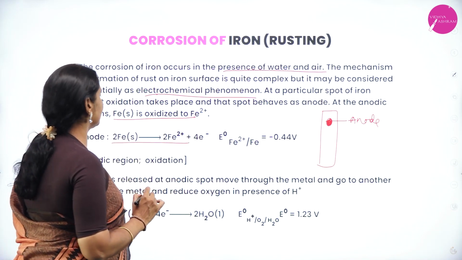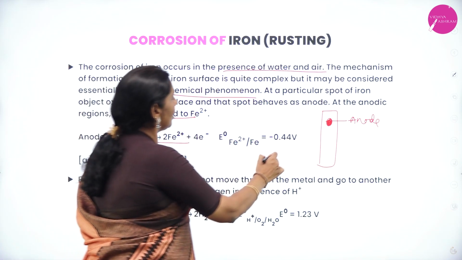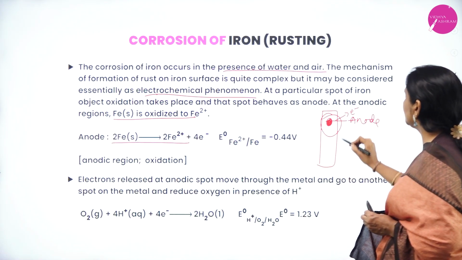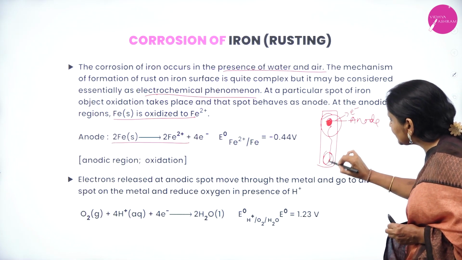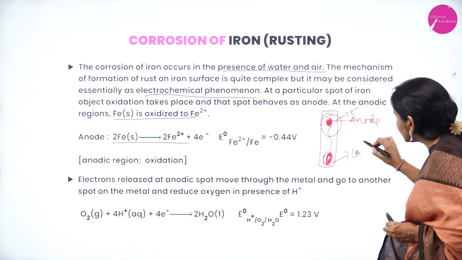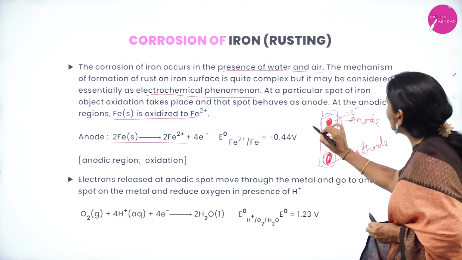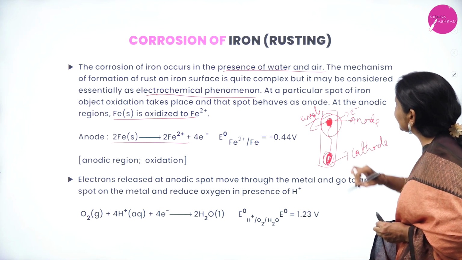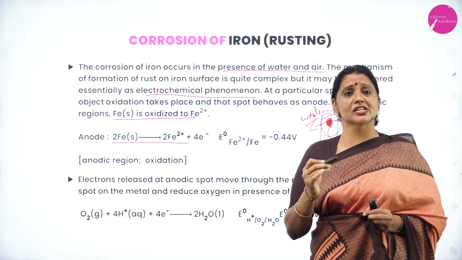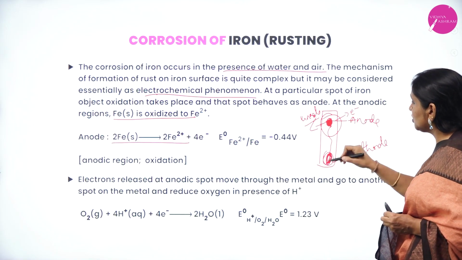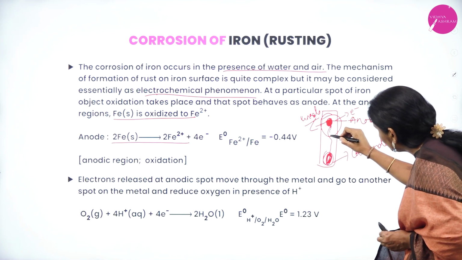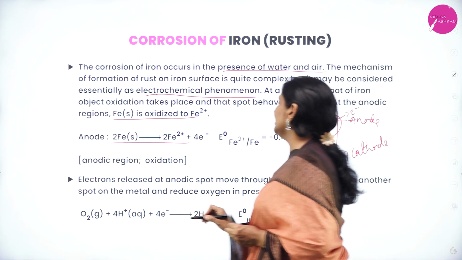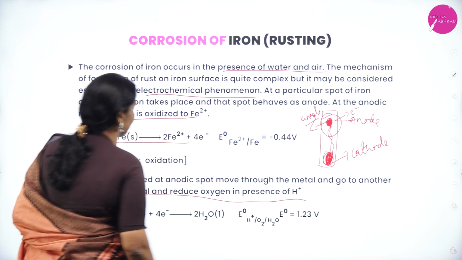The electrons released at the anodic spot move through the metal and go to another spot, which acts as cathode, where they reduce oxygen in the presence of H+.